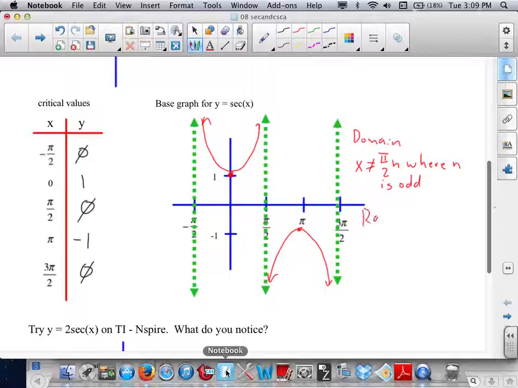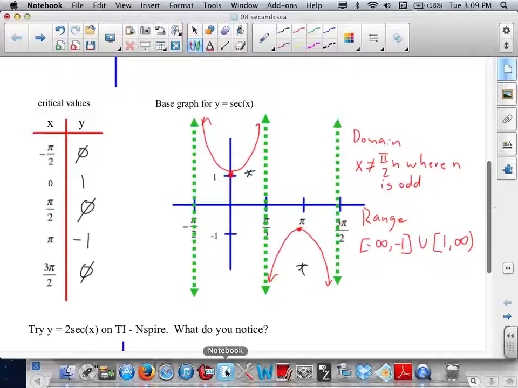The range, weird range this time. How about from negative infinity to negative 1? That's representing this part of the graph. Union 1 to infinity. And that is representing this part of the graph.